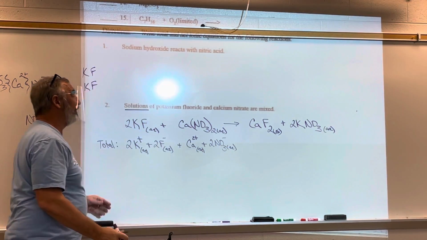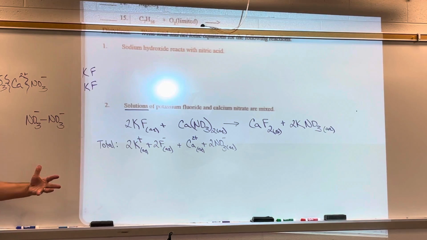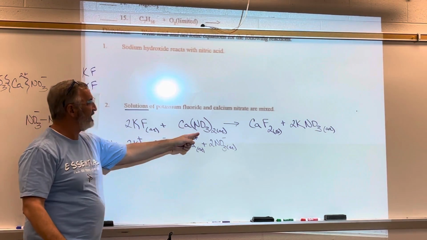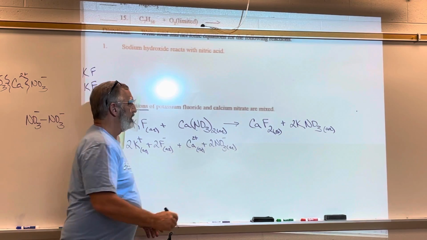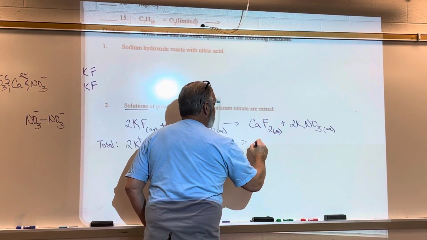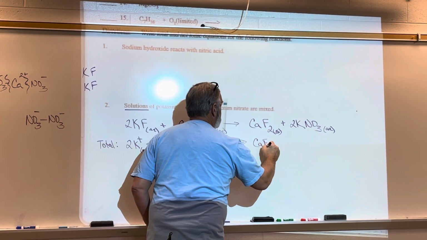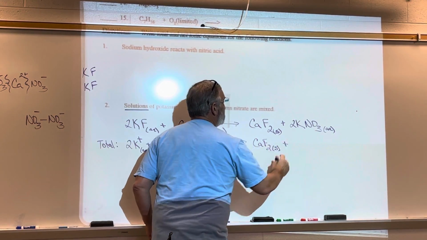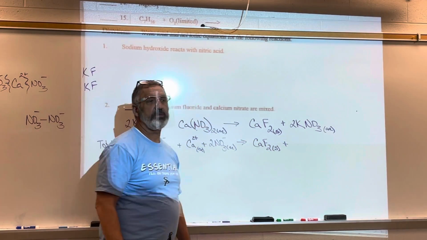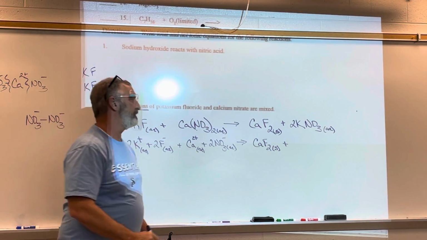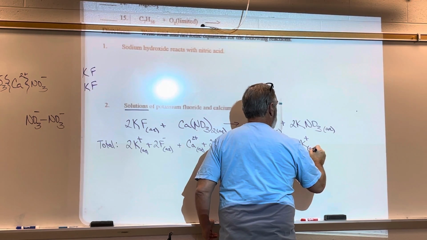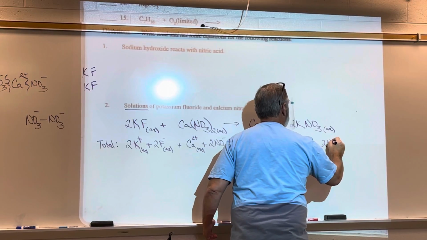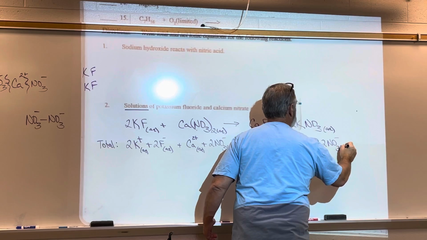It breaks apart into the positive thing and the negative thing, and however many of the negative things you have becomes the coefficient. The solid is going to stay together. So what am I going to get here? 2 potassiums and 2 nitrates: 2 K pluses and 2 NO3 minuses.